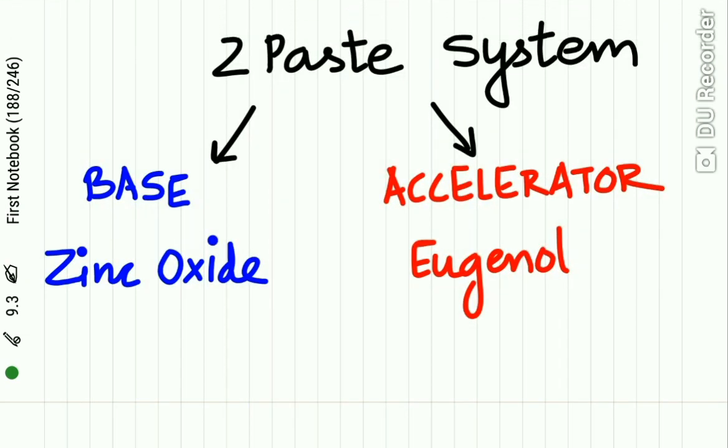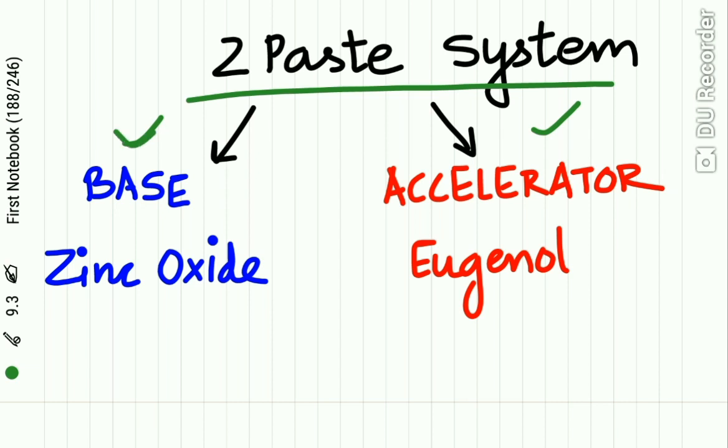So, the zinc oxide eugenol impression paste is available as a two-paste system. You get two pastes in the box of ZOE. One paste contains the base and the other contains the accelerator or the catalyst.